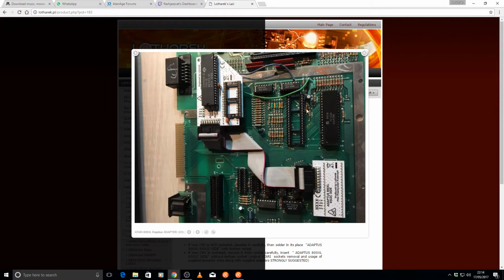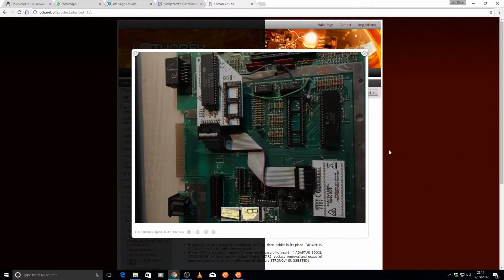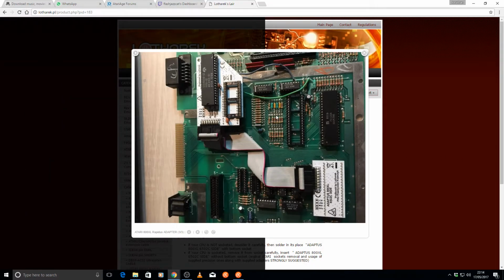Right. This picture shows the... oh no. No, this shows the adapters board in the top corner of an 800XL. Yes. And the CPU goes in the normal orientation. Yes.